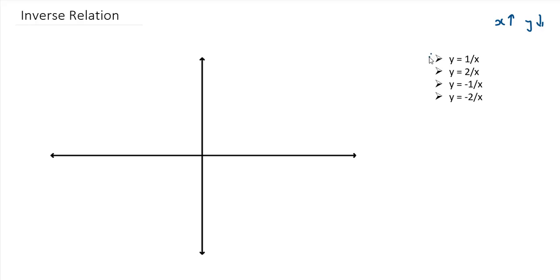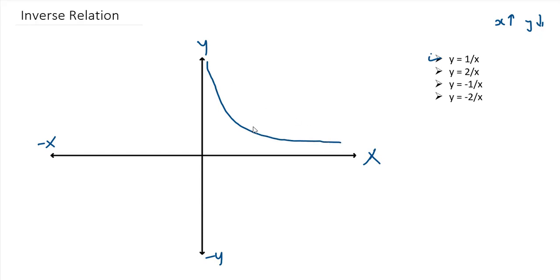If we take the first graph, y is equals to 1 by x. So with increase in x, the value of y should decrease. So this is your y-axis, this is your x-axis, this is your negative y, and this is your negative x. So with increase in x, the value of y should decrease. So your graph will look like this.